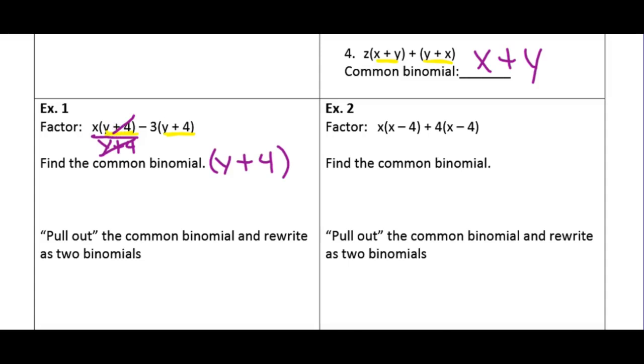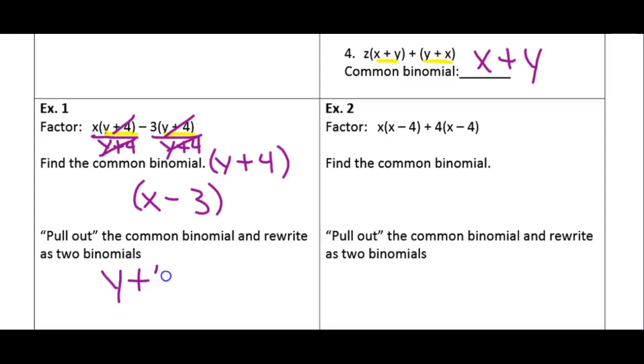Well, I have an x left. And if I do the same over here, if I'm removing the y plus 4, which means I'm really dividing it by y plus 4, what is left there? A minus 3.